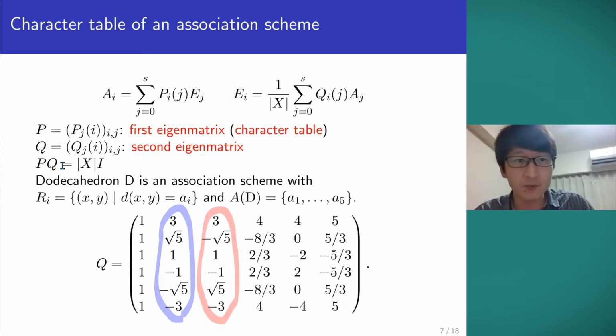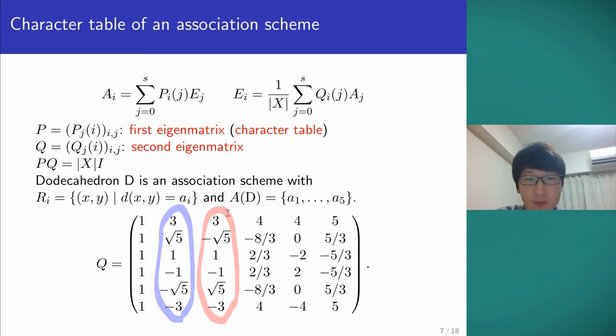So from P we can calculate Q. Actually the dodecahedron has the structure of an association scheme with a natural relation R_i, namely (x, y) such that the distance over (x, y) is equal to i. A_i is the distance relation of the dodecahedron. Then we can calculate the second eigenmatrix Q like this.